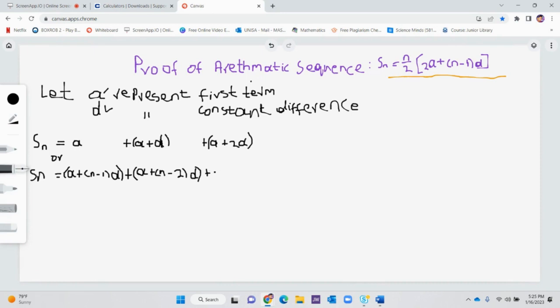So now we have the addition of the third term, which is a plus n minus 3 into d.